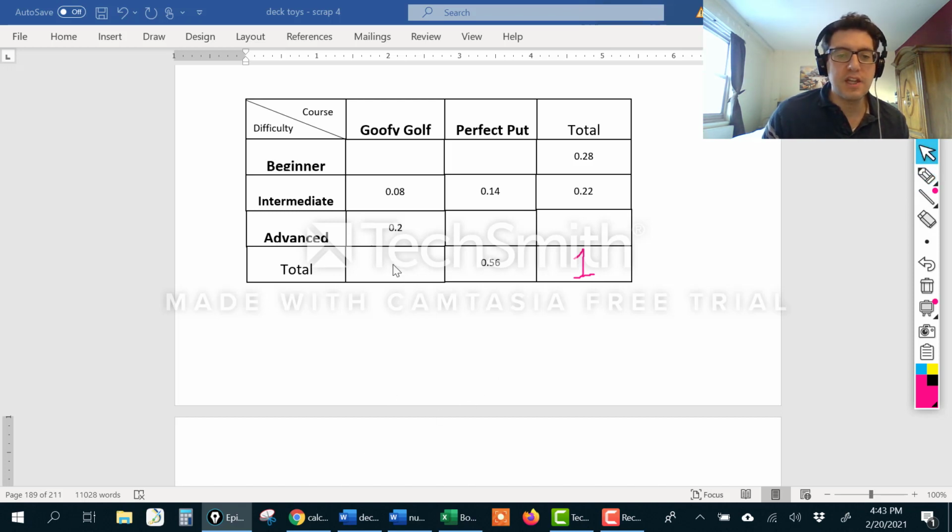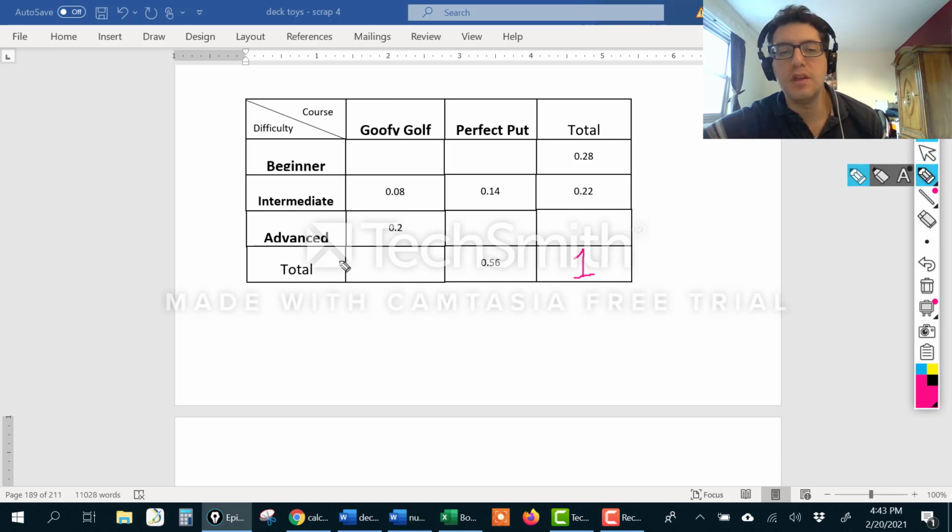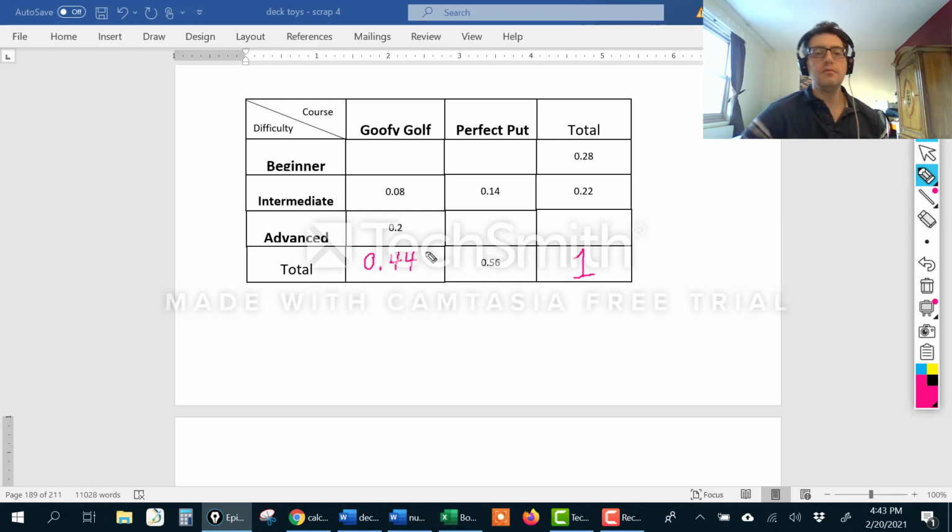So what would this entry be? I can figure that out just by doing 1 minus 0.56, which would give me 0.44. Okay, and then we can double check that that makes sense, because 0.44 plus 0.56 is equal to 1. Remember, this is supposed to be the grand total of this and this.